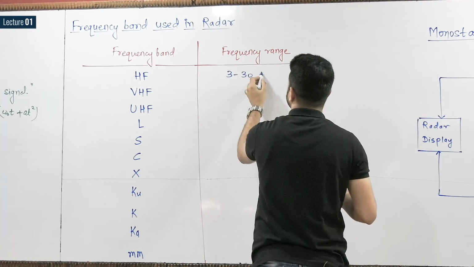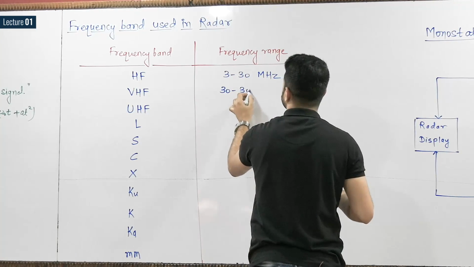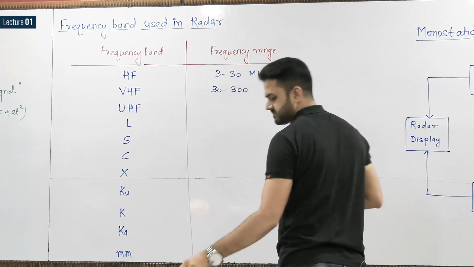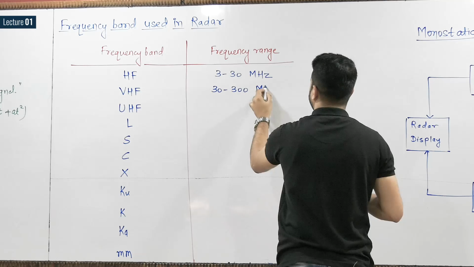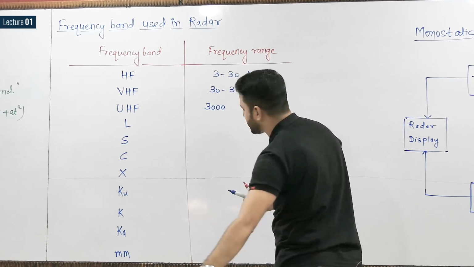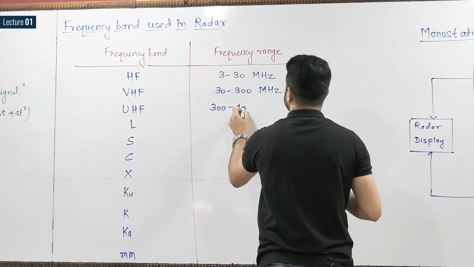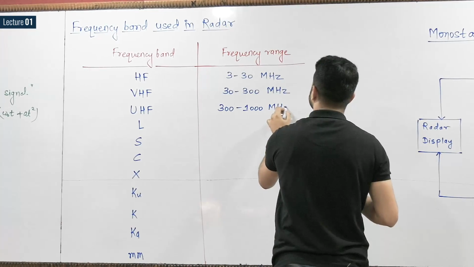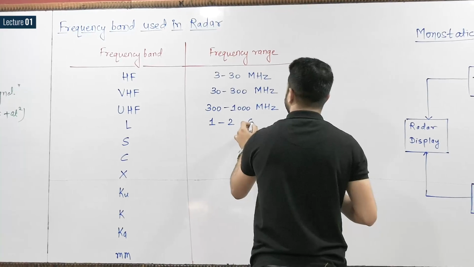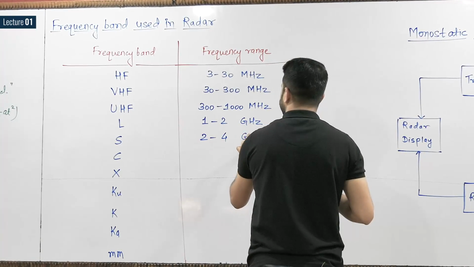3 to 30 megahertz, 30 to 300 megahertz, and 300 to 1000 megahertz. 1000 megahertz means 1 gigahertz. Now the L band is 1 to 2 gigahertz, and the S band is 2 to 4 gigahertz.